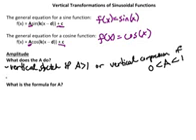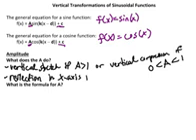The other thing that a can do, if you remember back to our function transformations unit, is reflections. So it's going to be a reflection in the x-axis, so a vertical reflection, if a is negative.